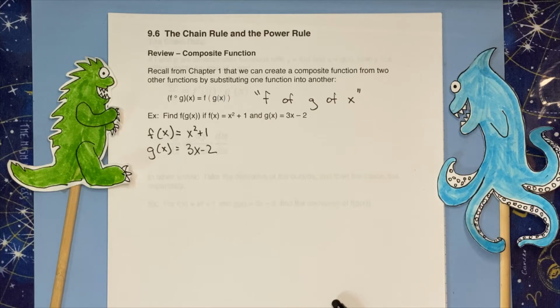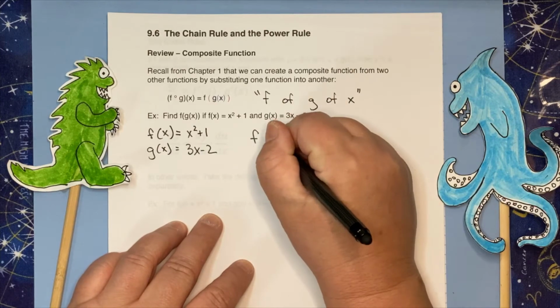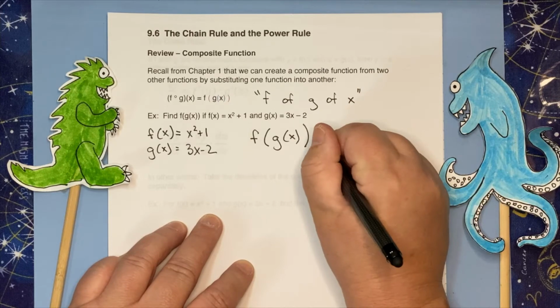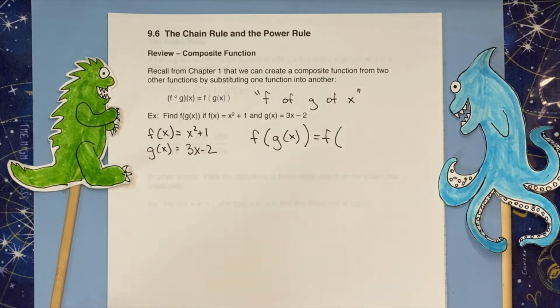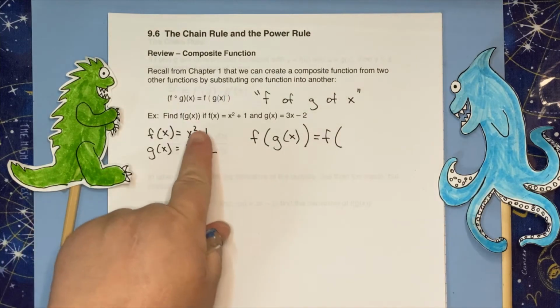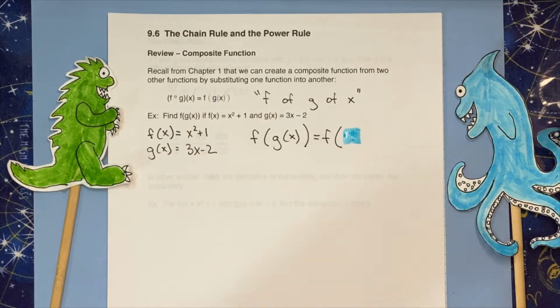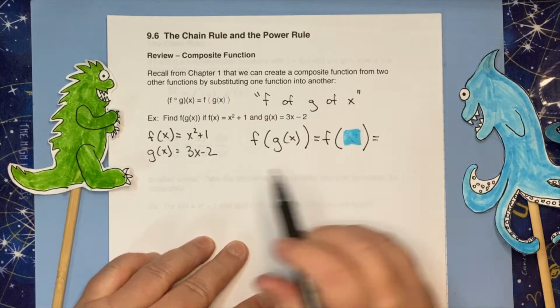Woohoo! So the first trick is to recognize that we're taking f of g of x. So we want to take f of whatever g is. And since I've been using blue right there, I'm going to put blue right here. So whatever goes inside of f, what is the rule for f?